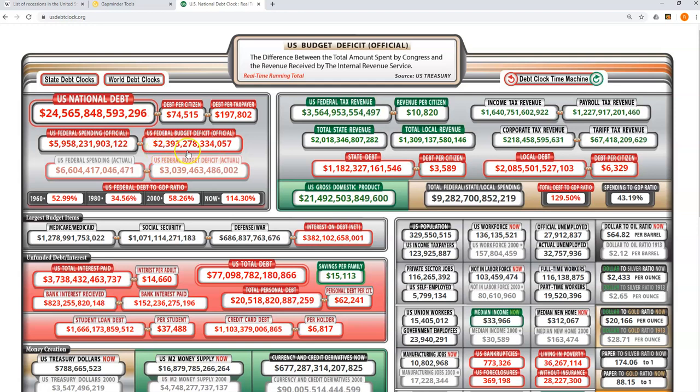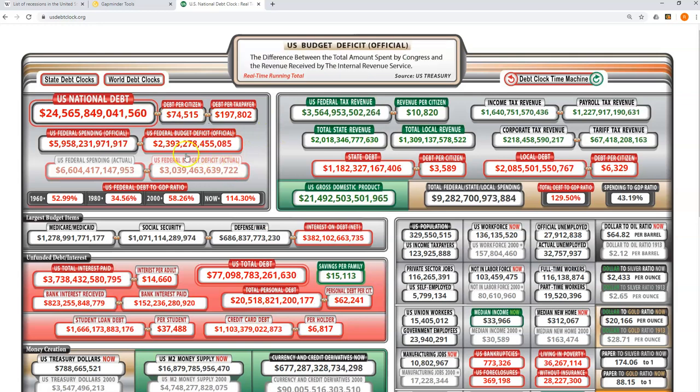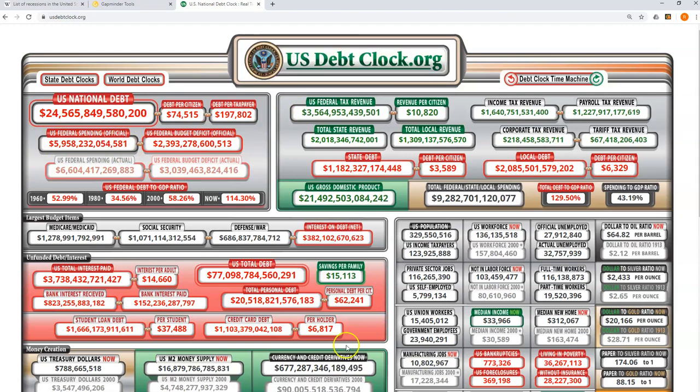Okay, this is higher than it was during President Obama's administration. This is the highest U.S. national deficit in history. Now, what exactly is a deficit? Well, this right here is the amount of tax collection in the U.S. today. This is the amount of government spending today. And the deficit is the difference between those two numbers.